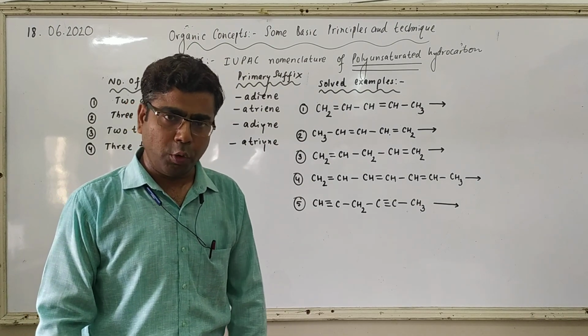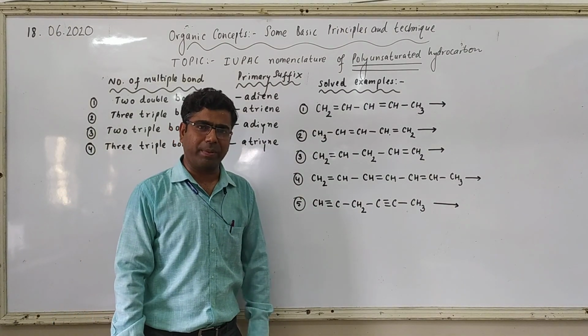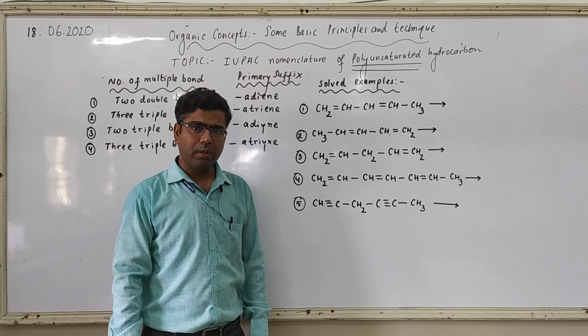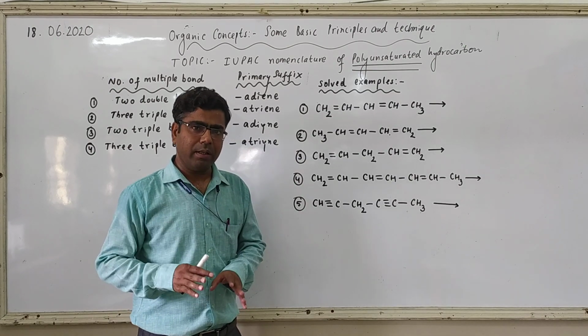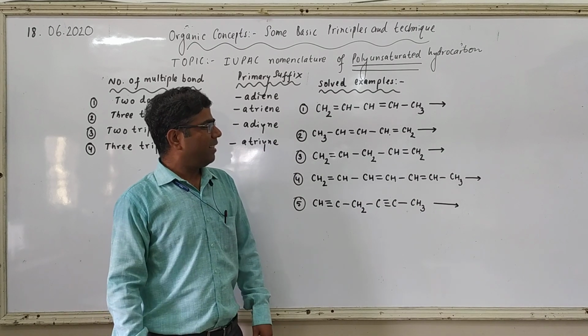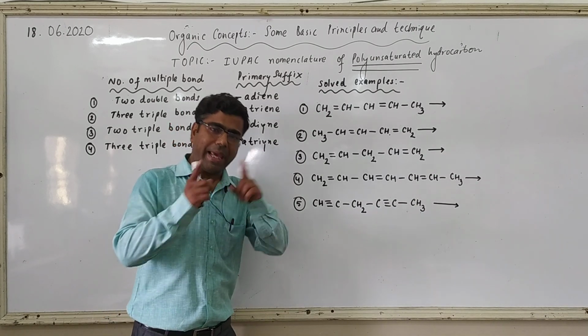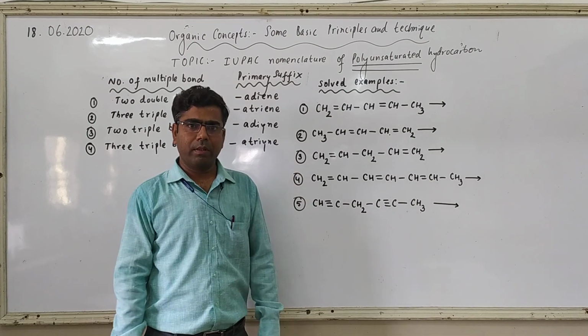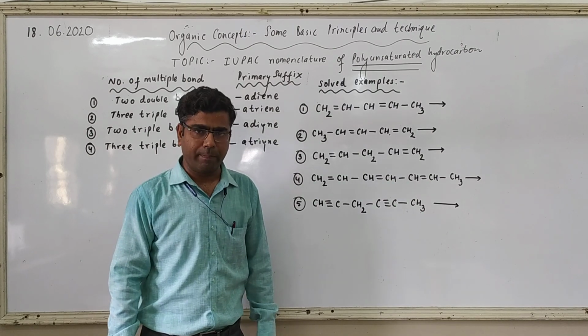So what we have to do? We have to assign numbers to the carbon atoms present in the parent chain. And here we have to take care of one thing: we will start our counting from the end where the sum of the positions of the double bonds gets the lowest number.